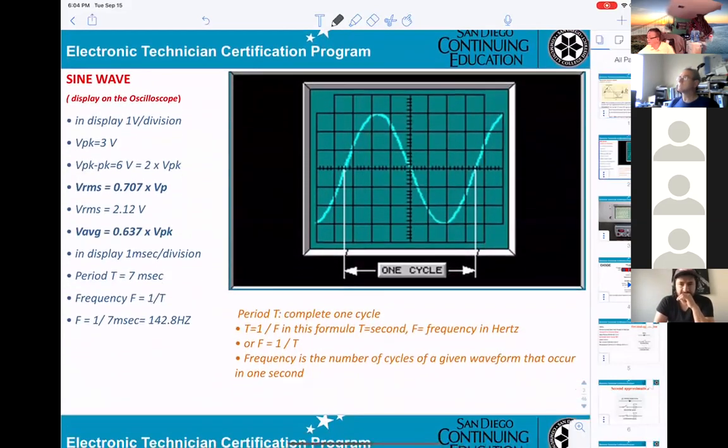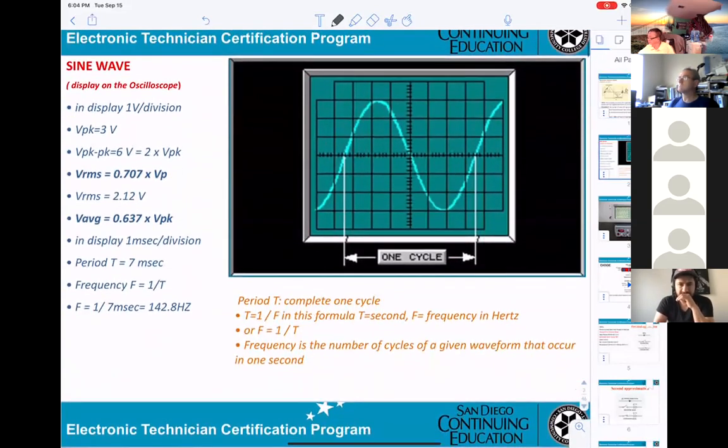Now, if you're looking at the sideways view here, this will be displayed on the oscilloscope. I'll give you a very simple explanation. The oscilloscope is divided into 8 divisions. From bottom going up, count 1, 2, 3, 4, 5, 6, 7, 8 divisions.